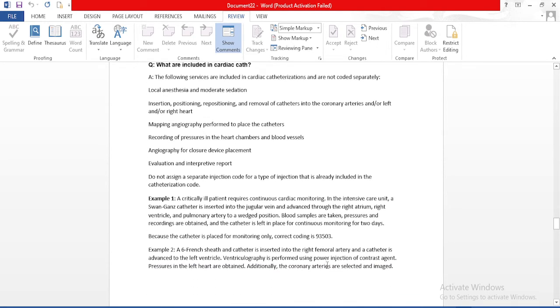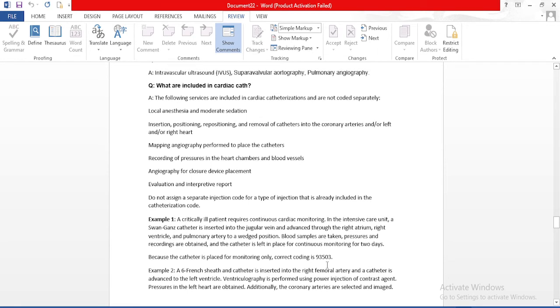Do not assign a separate injection code for a type of injection that is already included in the catheterization code. So all these components are included in a more comprehensive procedure like cardiac catheterization. We need not code these procedures separately along with cardiac catheterization.